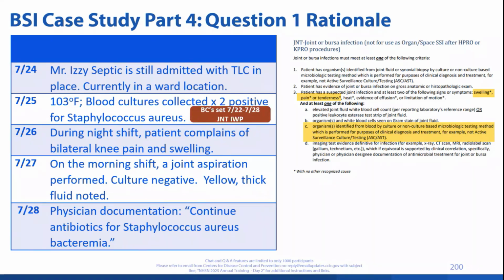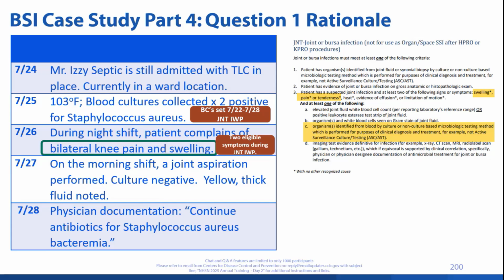So the 7/25 Staph aureus blood cultures create a 7/22 to 7/28 joint IWP. During that IWP on 7/26, they have 2 eligible symptoms during the joint IWP.